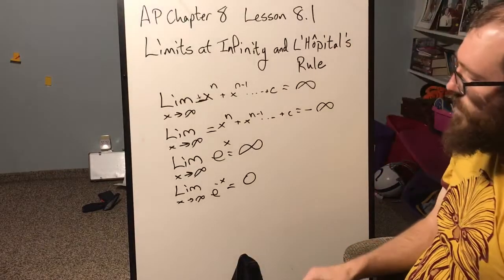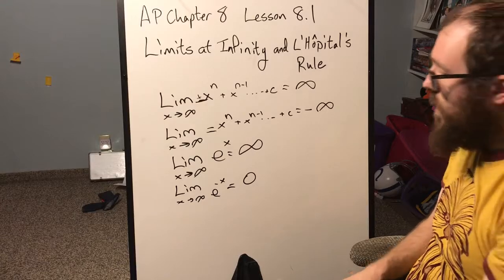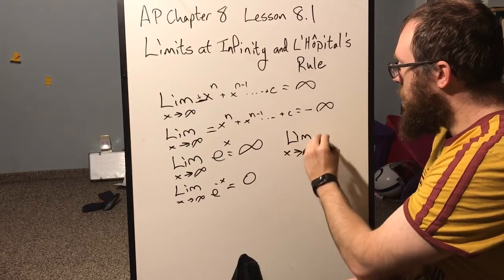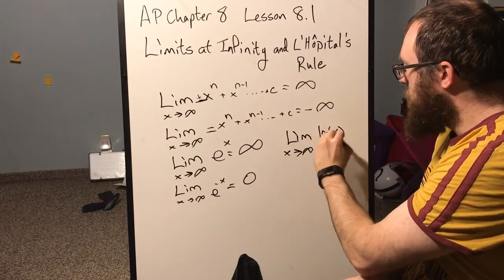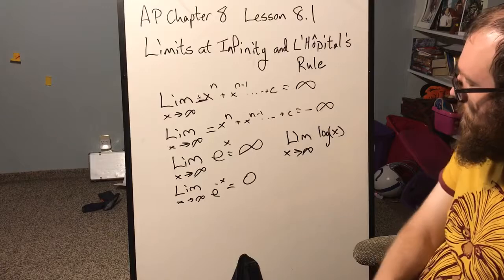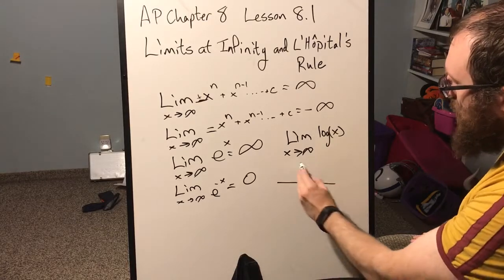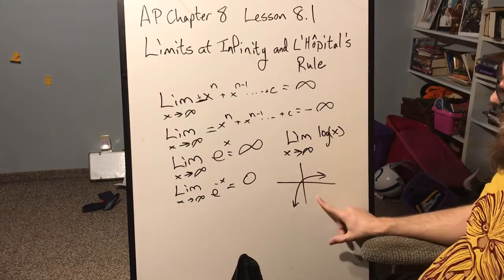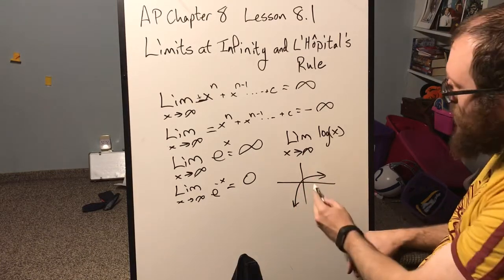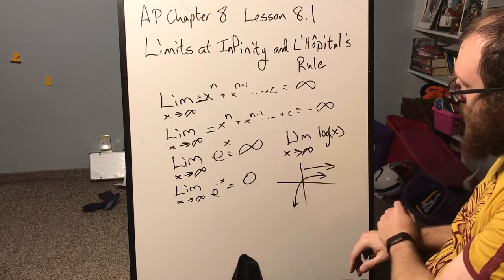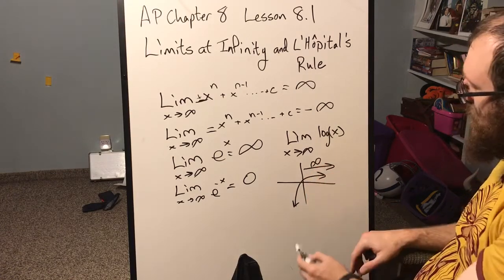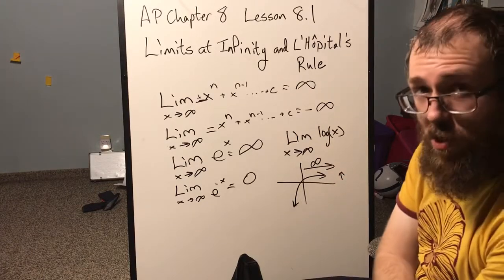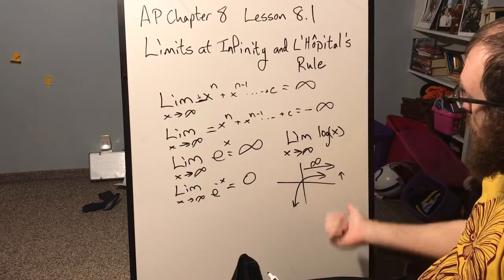Another couple of basic ones that we're going to work with are the limit as x approaches infinity of the log of x. So if we have a logarithmic function, what that looks like is an upside down e function. They look like this, exponential growth. As we're headed this way down our x-axis, this value is growing really, really slowly, but it is growing upward.